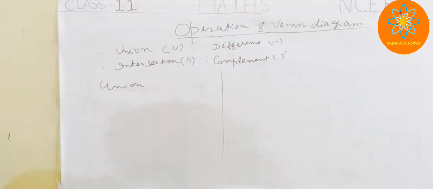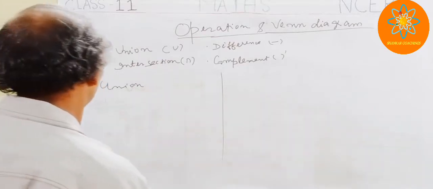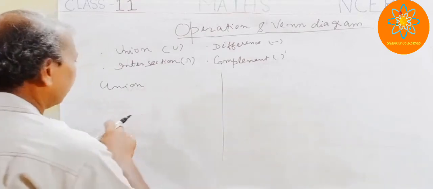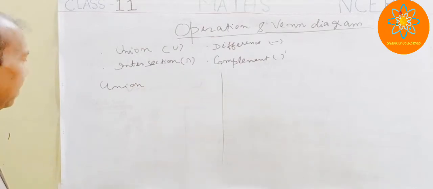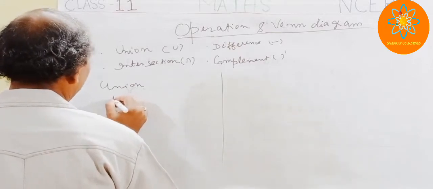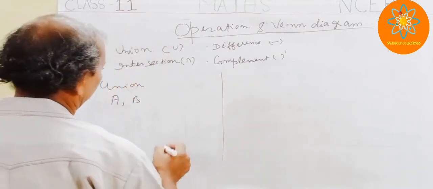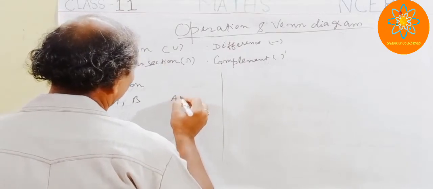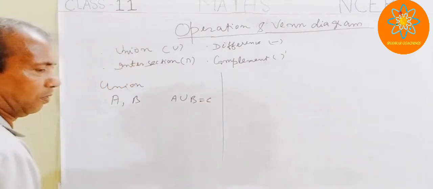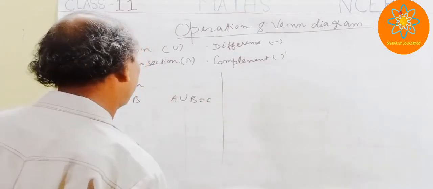We will take another set C in such a way that all the elements of A and B are included in the set C. We represent it by A union B, which means the set C, where the members of A and B are both there.